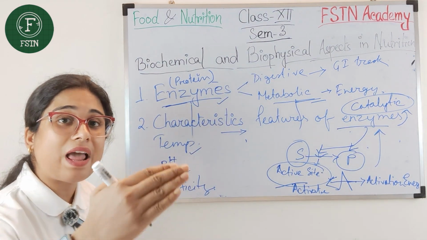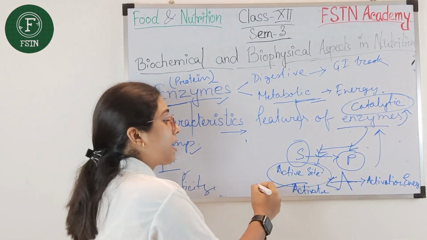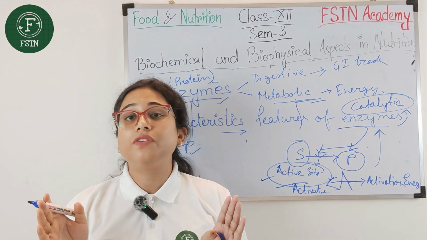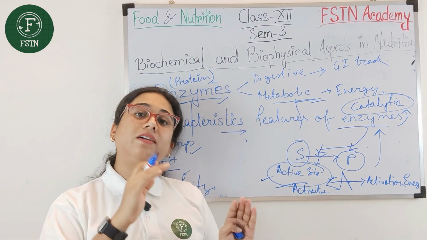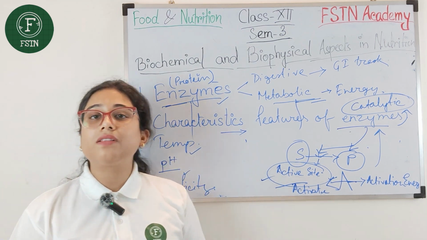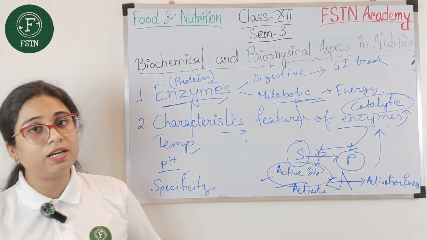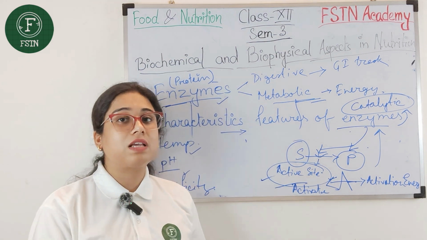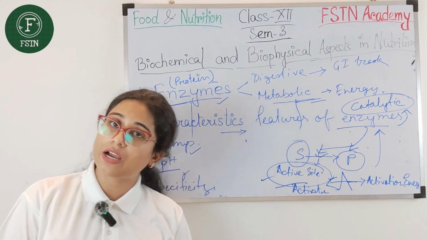Then the enzyme will accelerate the particular reaction. So the active site is very important. Each and every reaction has a different active site, and their activation energy will be different. So it will require different enzymes for those different active sites and activation energies, and automatically the specific enzyme will accelerate those metabolic or digestive reactions.